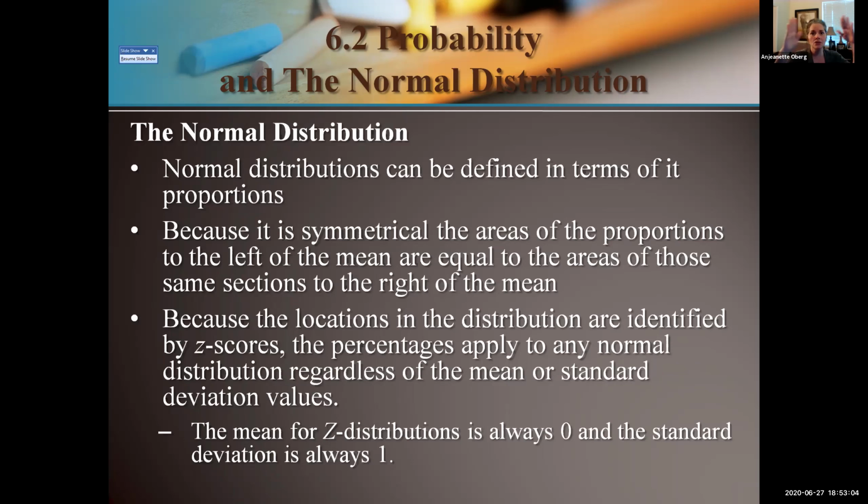Think of that normal distribution as a pie, and we're cutting it into pieces. Each of those pieces represents a proportion of the overall pie. The overall pie is 100%. Depending upon what segment you're talking about, it represents a larger percentage of the pie, okay?